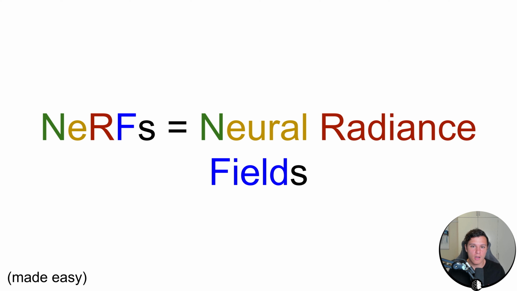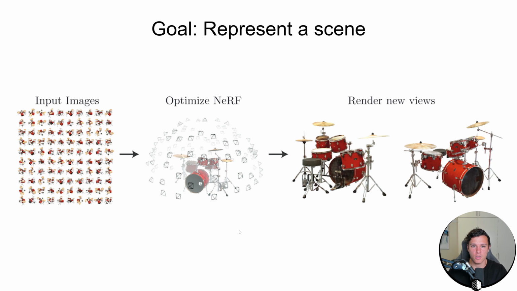All right, so let's just start with, what is the goal of NeRFs? The idea is that we basically have some scene, in this case of drums, and we take a bunch of input images, like a bunch of different images of this drum from different viewing angles, as you can see here.